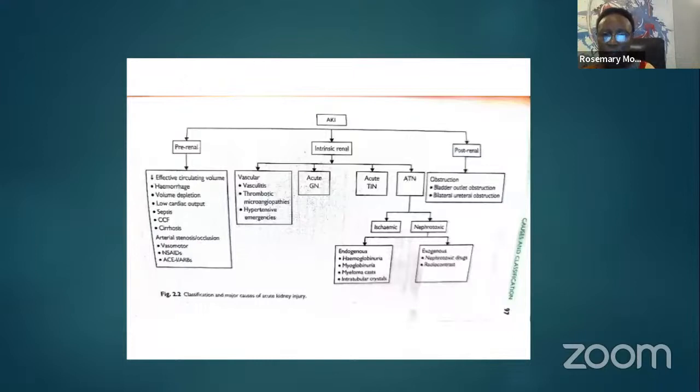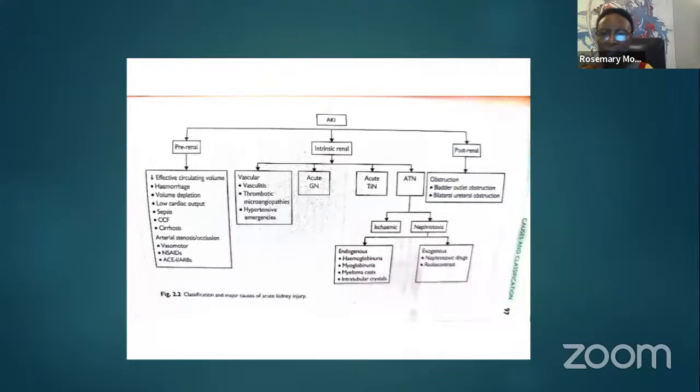And the nephrotoxic can be endogenous or exogenous, of which the endogenous will be your rhabdomyolysis, for instance, your myeloma. And your exogenous will be your nephrotoxic drugs, including your contrast agent, which I'll talk about towards the end of my talk.